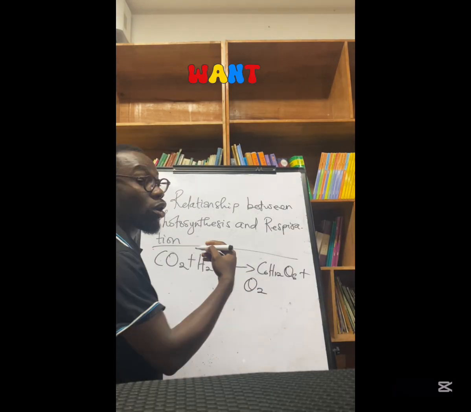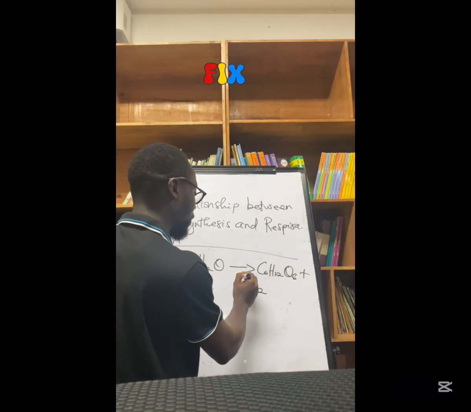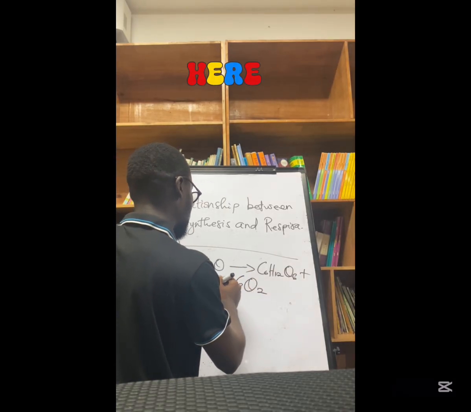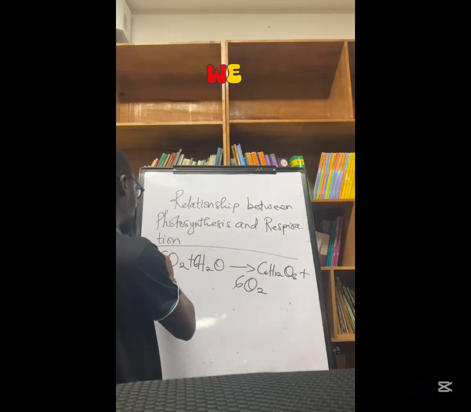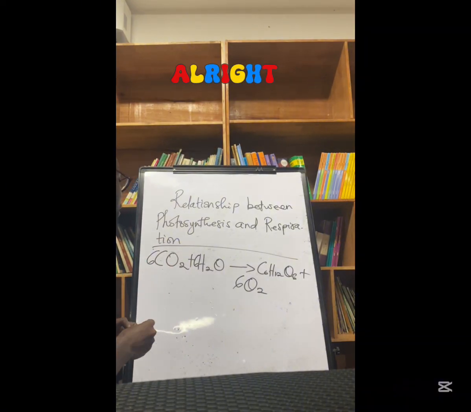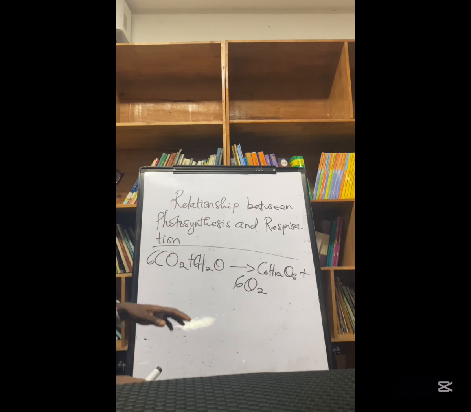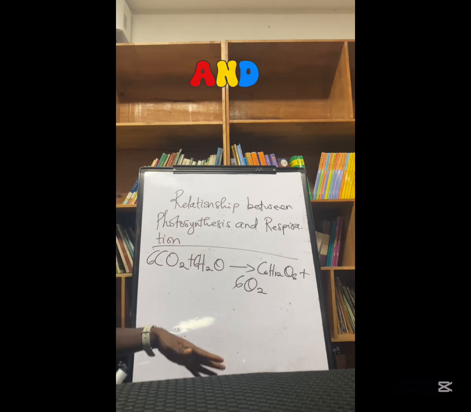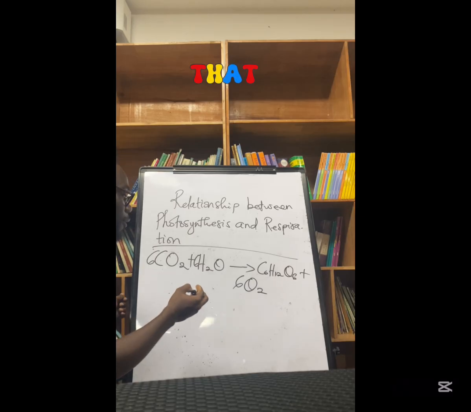And then we want to balance the equation. Therefore, we fix 6 here. We fix 6 here. Then we fix 6 there. Balancing the equation.